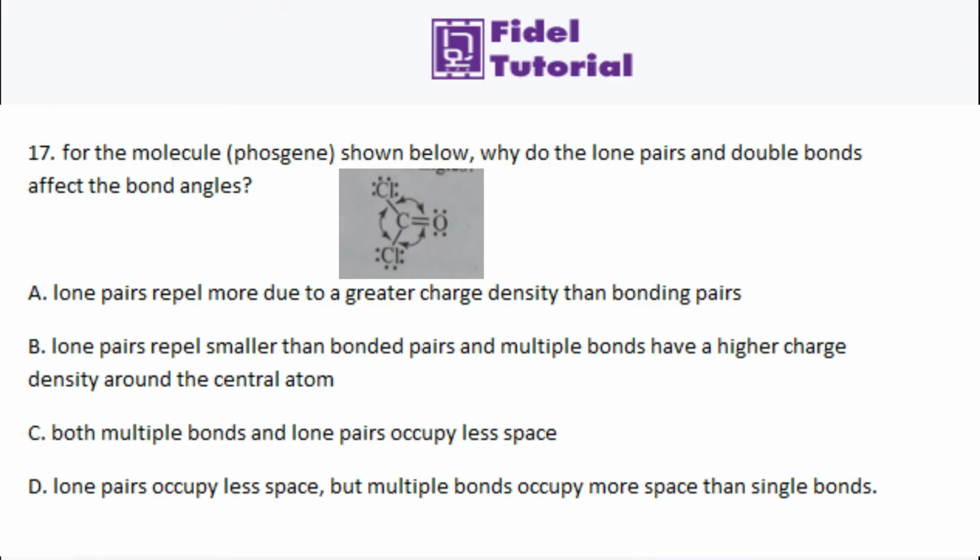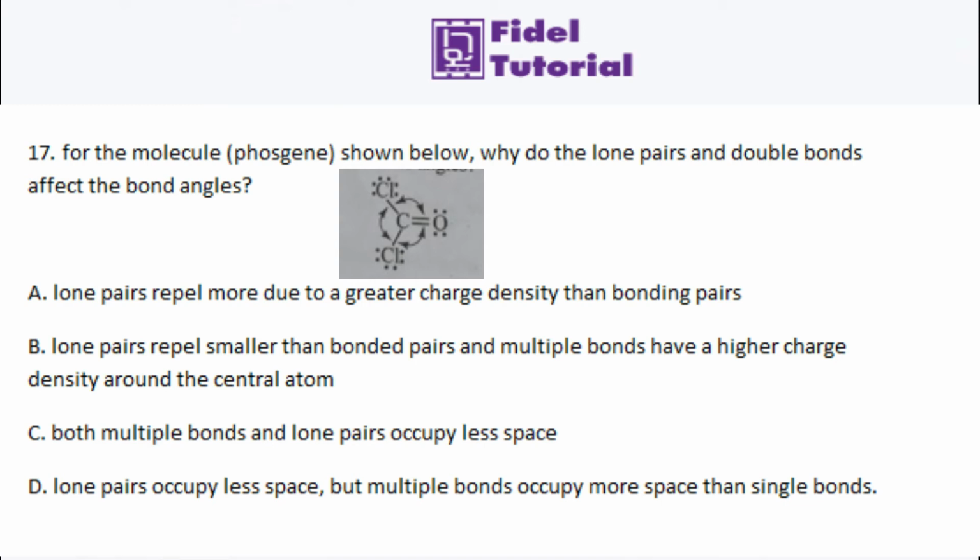Number 17. For the molecule shown below, why do the lone pairs and the double bonds affect the bond angle? A, the lone pairs repel more due to a greater charge density than bonding pairs. B, lone pairs repel less than bonding pairs and multiple bonds have a higher charge density around the central atom. C, both multiple bonds and lone pairs occupy less space.